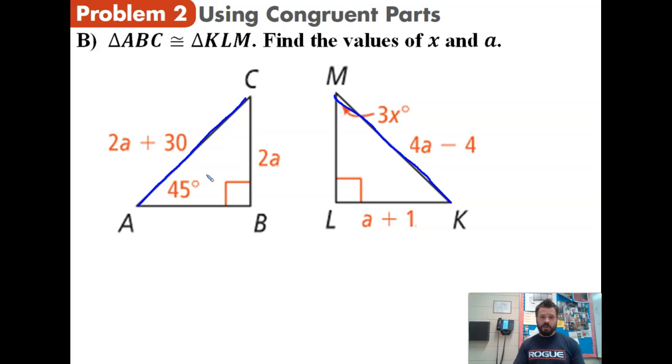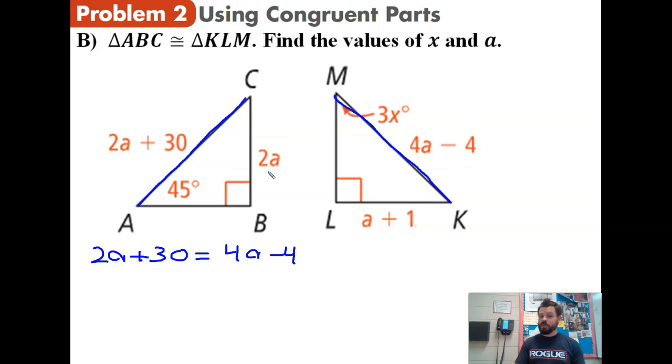Remember, right angle points to the hypotenuse in both cases. And again, if I wasn't sure, I could always check the congruent statement to make sure my letters match up. So we have congruent corresponding sides, so we can set their expressions equal to each other. We can say that 2a plus 30 is equal to 4a minus 4.